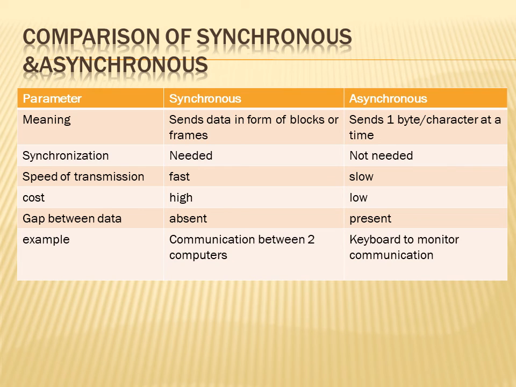So data transmission is divided into two types, serial and parallel, and serial is again divided into two types, synchronous and asynchronous. In serial, we are transmitting data bit by bit, serially. It requires a single wire for the transmission.